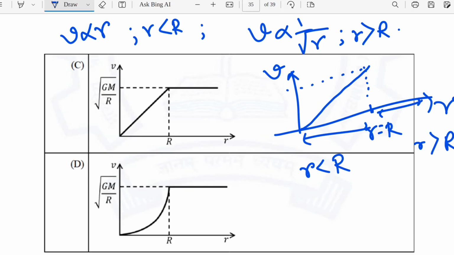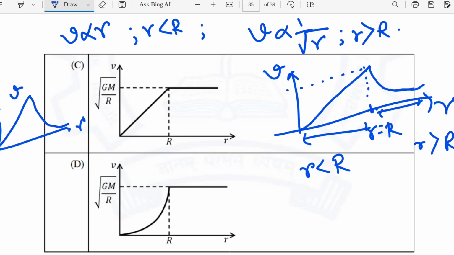And now in the right hand side of that picture, from this point, it will be 1 by root over r varying. So 1 by root over r varying means obviously it will be a decreasing function, right? So we have to match our result like this.